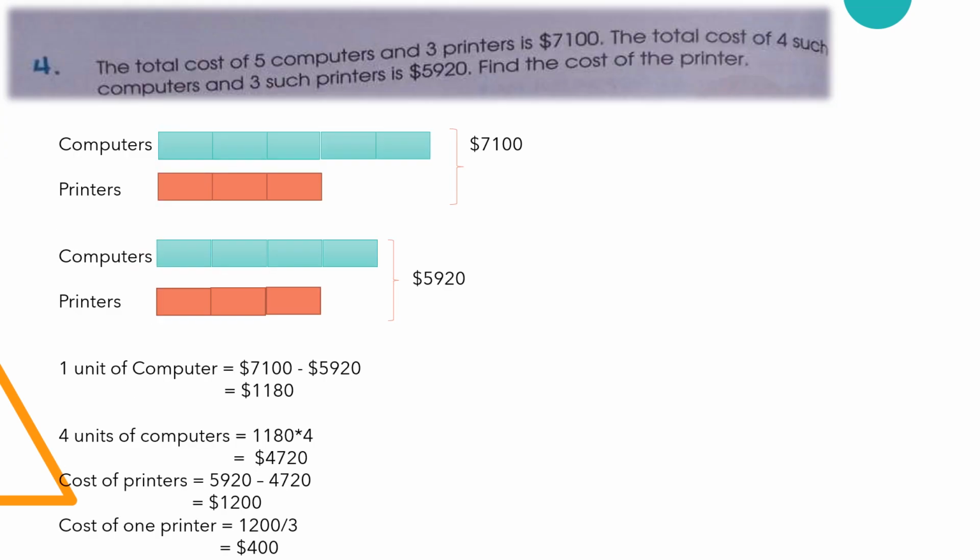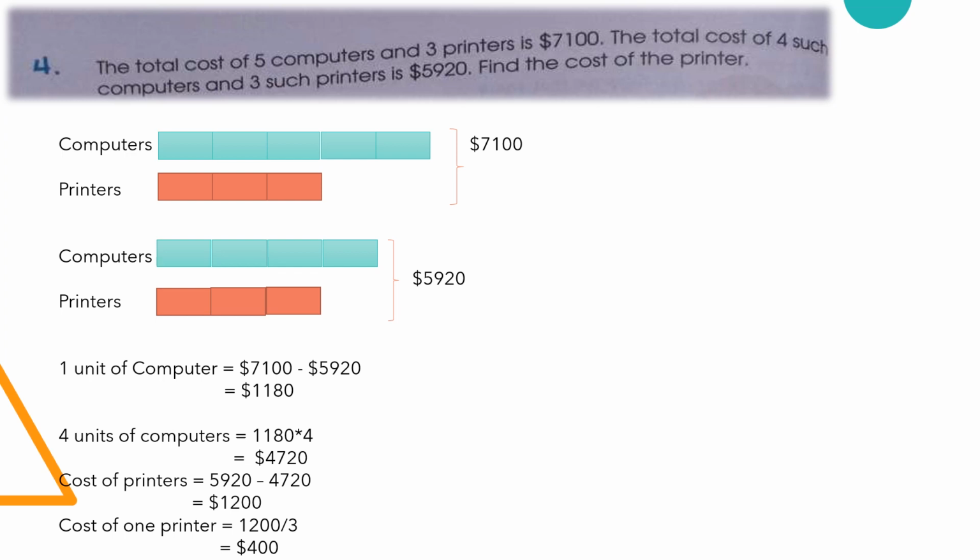Question 4 says that the total cost of 5 computers and 3 printers is $7,100. The total cost of 4 such computers and 3 such printers is $5,920. Find the cost of the printer.